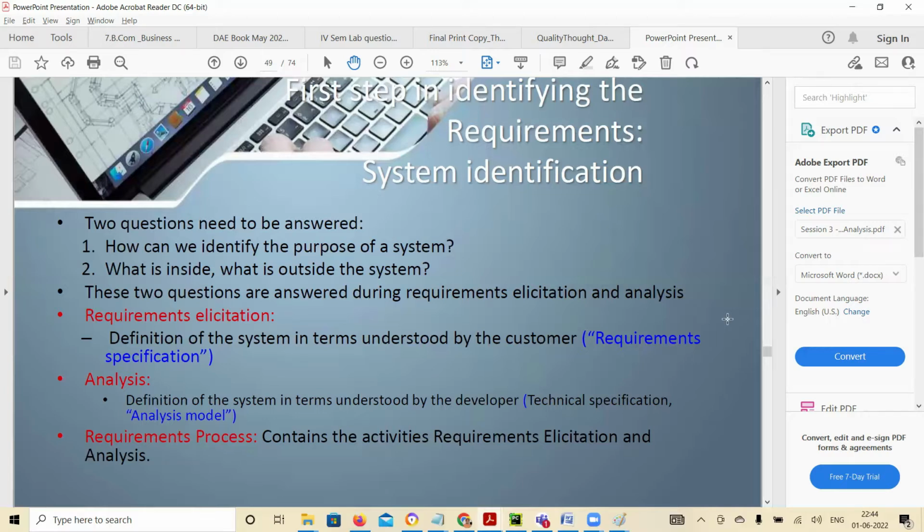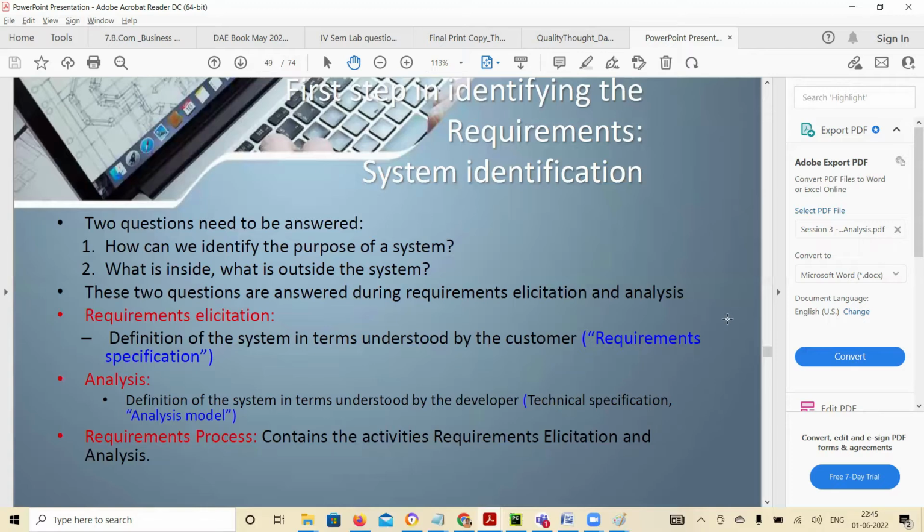So what does requirements elicitation mean here? Terms understood by the customer. Swapnil, can you hear me?